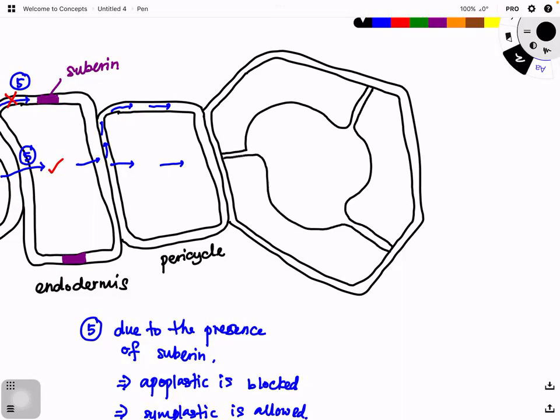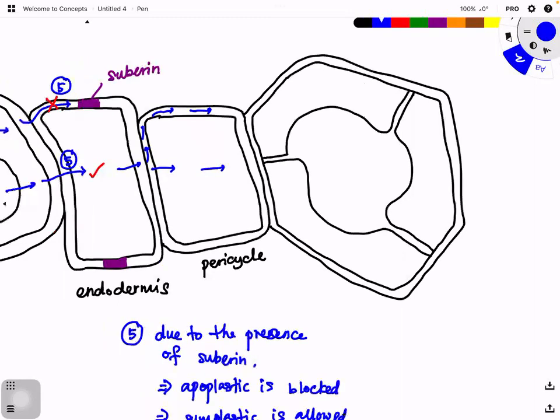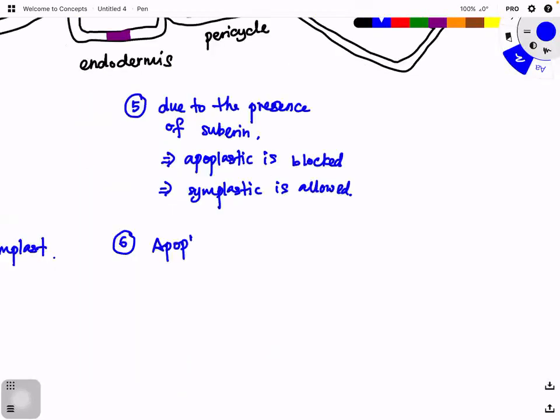Okay, so how does the water molecule go into the xylem vessel element in this case? Okay, so number 6 here. It can be apoplastic or symplastic, it doesn't matter now.